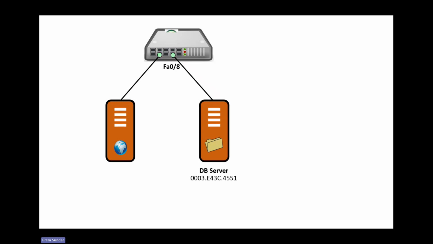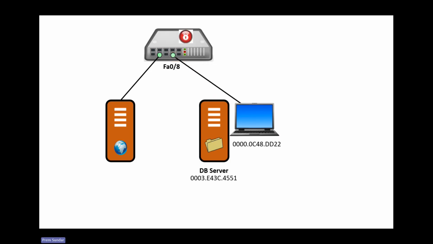But when a laptop with a different MAC address tries to communicate via the same port, the switch does not allow the frame. When an unauthorized MAC address device attempts to communicate, port security can be configured to respond in one of three ways: shutdown, restrict, and protect.